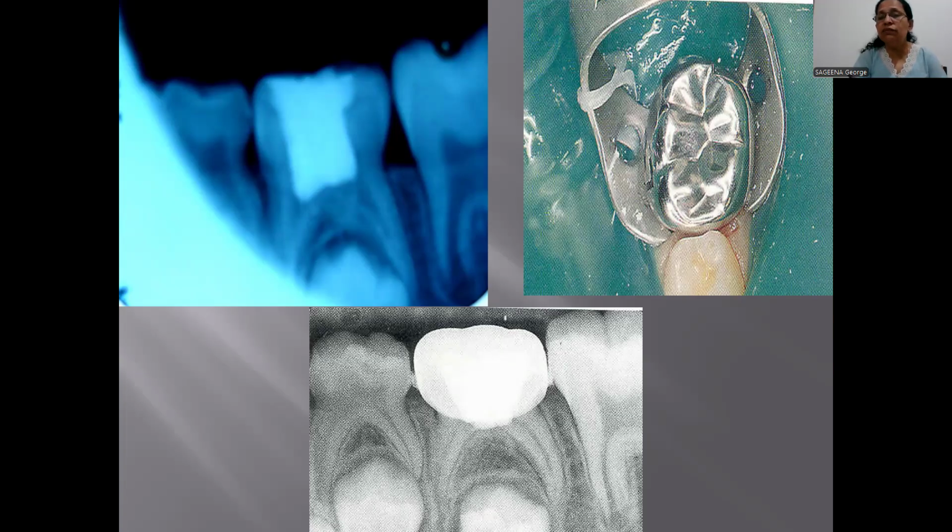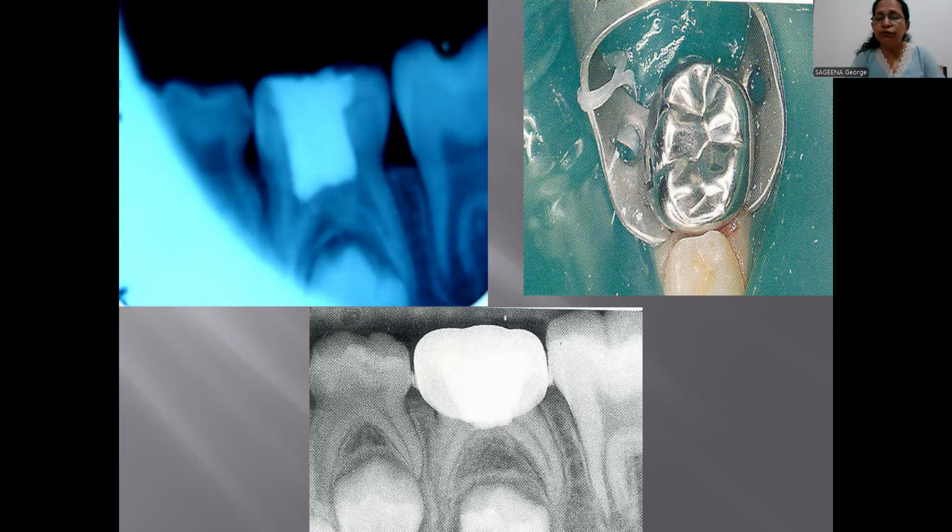It is sealed with zinc oxide eugenol or a temporary filling, and after 7 days the patient is recalled, this cavity is re-entered, the formocresol cotton pellet is removed, and the same filling with zinc oxide and the full coverage restoration is done.